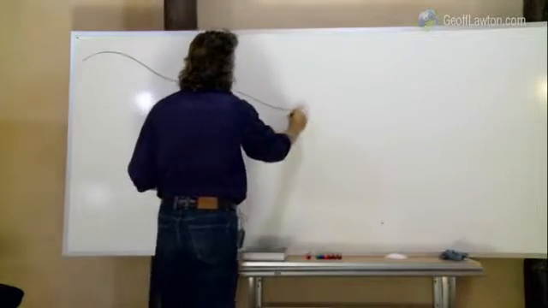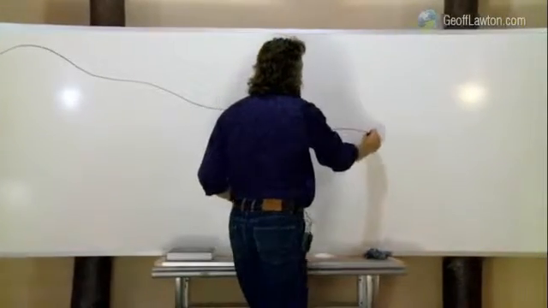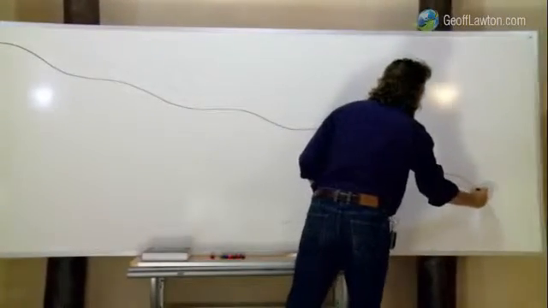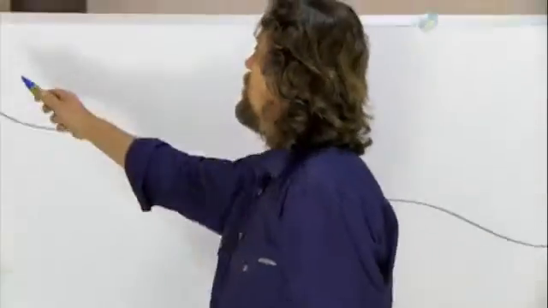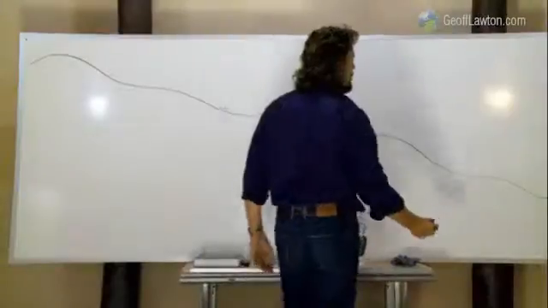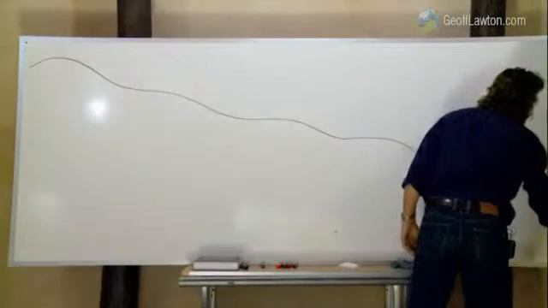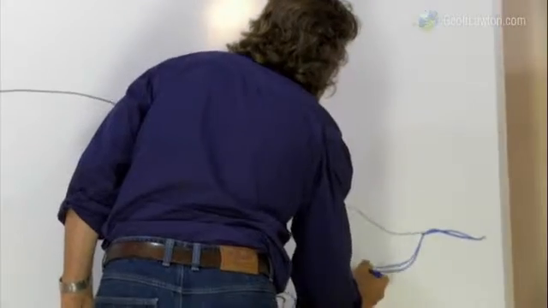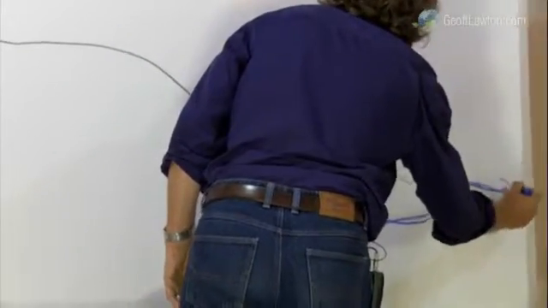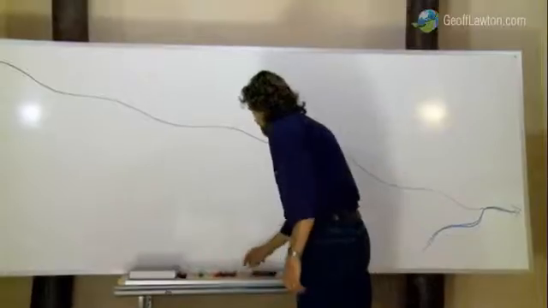When we take a profile down the landscape, we're actually looking at where are the highest points, where are the lowest points, where are the water flows in the landscape, where does the river meet the land, what are these edge points.